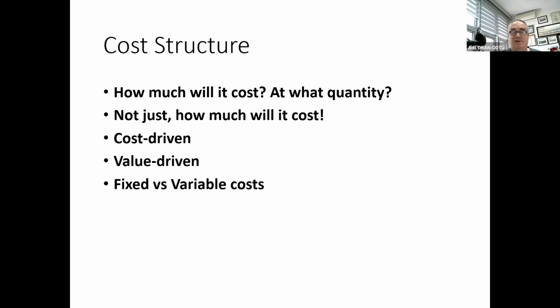A good example of this would be, well, you need to produce a certain product, but is purchasing the machinery from day one really something you want to do, especially if you're uncertain about the demand? Is it going to be there? How much is it going to be? Perhaps, rather than buy the production equipment and build a factory from day one, initially you might want to outsource this.